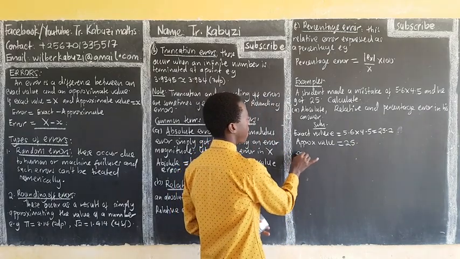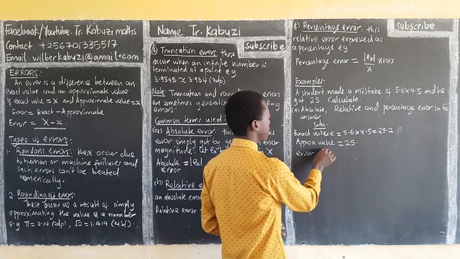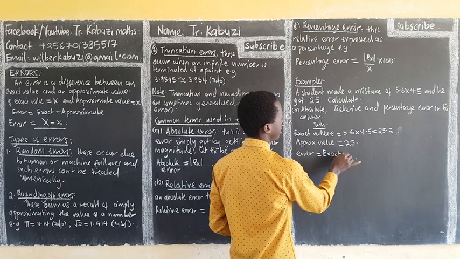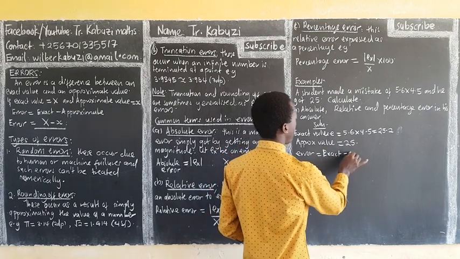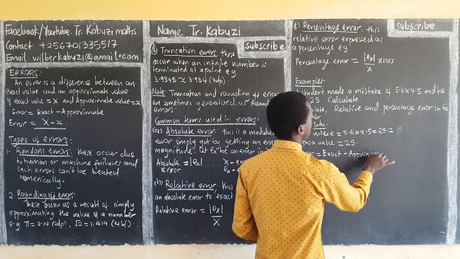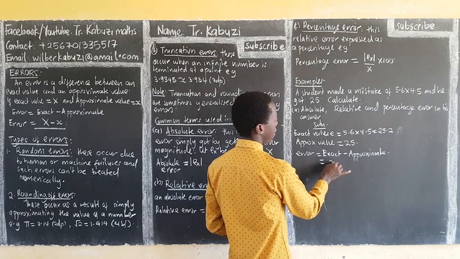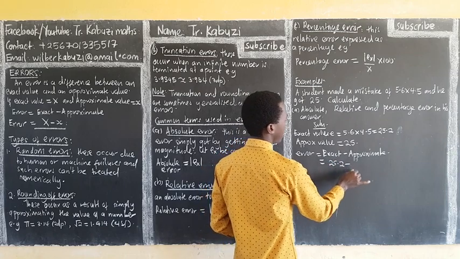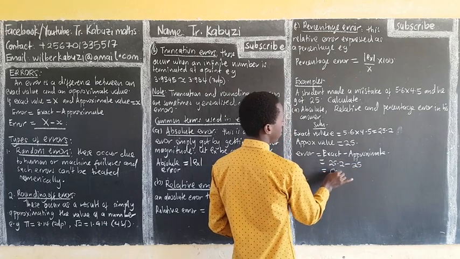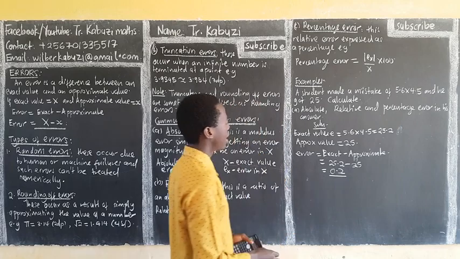Then our error is going to be the exact minus the approximate. So the exact is 25.2 minus the approximate, and this is going to give you 0.2. As simple as that. So that is our error.